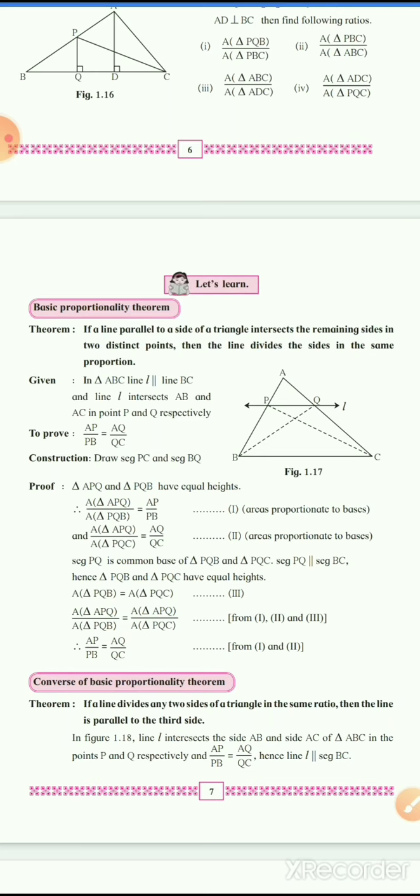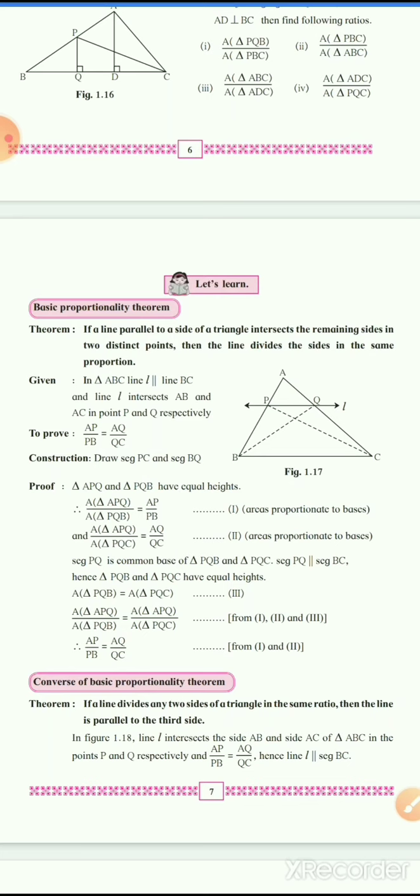Let us see, these triangles have also a common point P. They have also equal heights, and seg AQ and seg QC are their bases respectively.